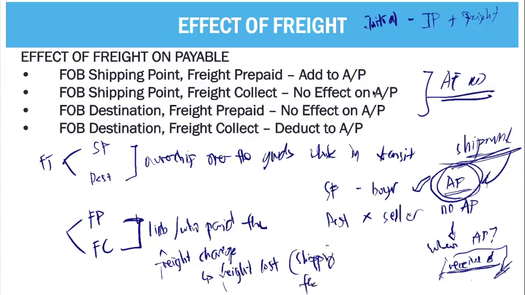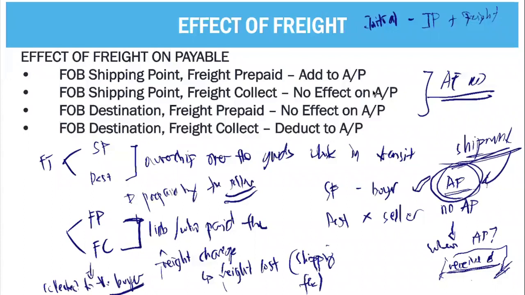Okay? You all know this one as your shipping fee. So freight prepaid, meaning it is prepaid by the seller. So who paid? The seller. Freight collect, it is collected to the buyer. So who paid? The buyer.